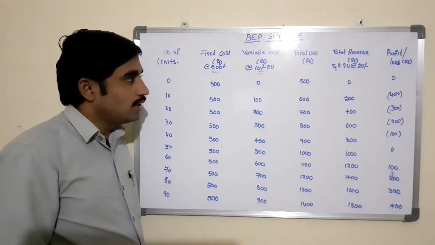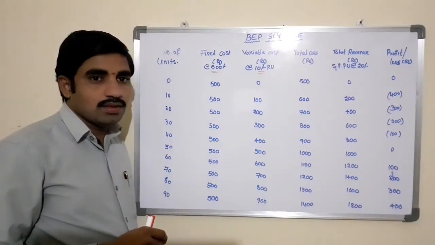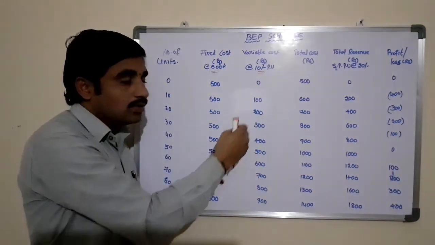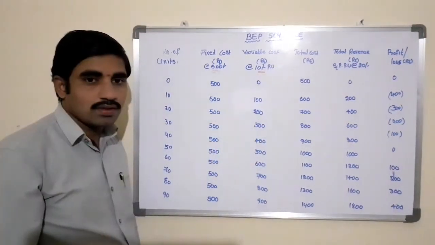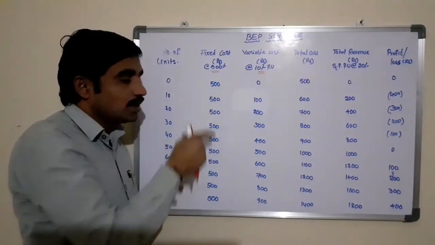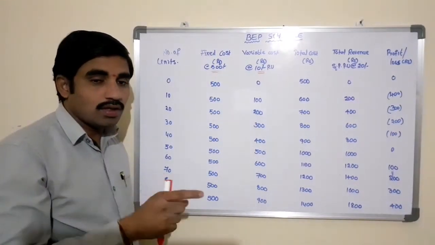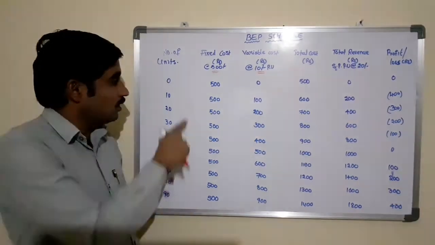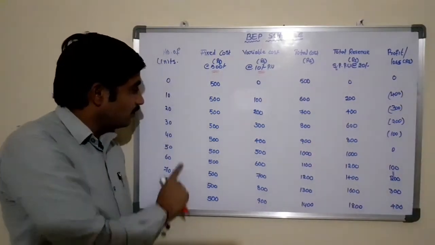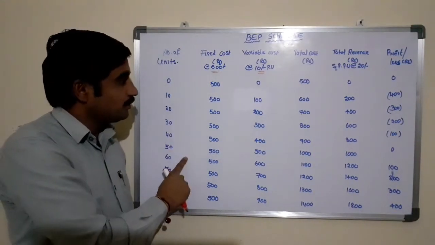This is the first and foremost important assumption of break-even analysis: the cost should be classified into two, that is fixed cost and variable cost. We have discussed in the terminology the definition and nature of fixed cost and the nature of variable cost. The nature of fixed cost is that the cost incurred to produce the product remains constant at any level of production, irrespective of the total production in the business.